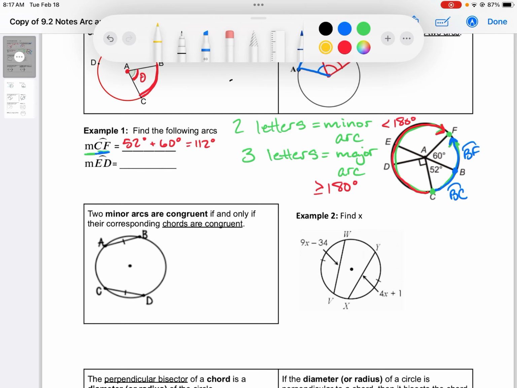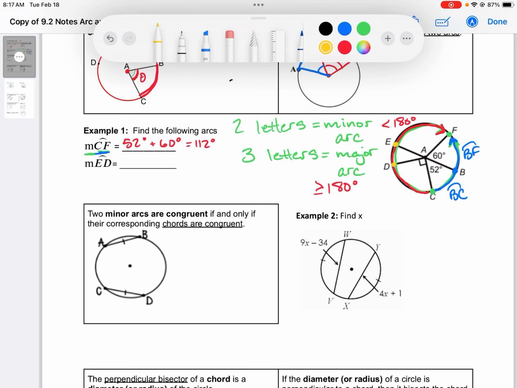The next one I want to find is the measure of E to D. Going from E, again, just two letters, and taking the short way, D right here.